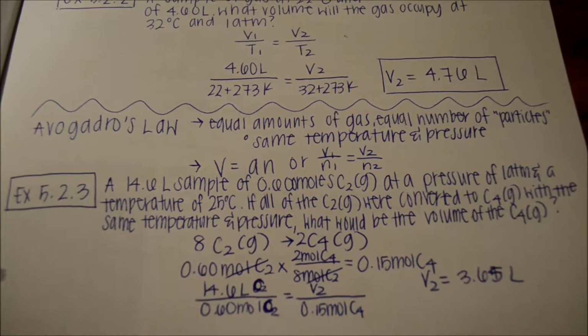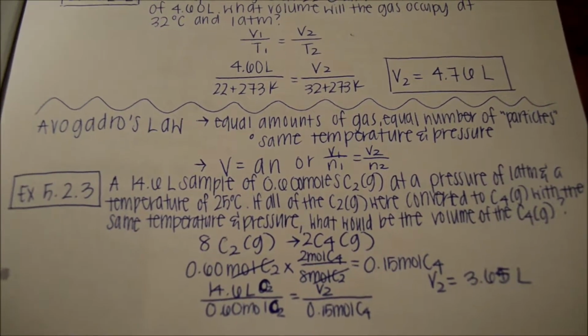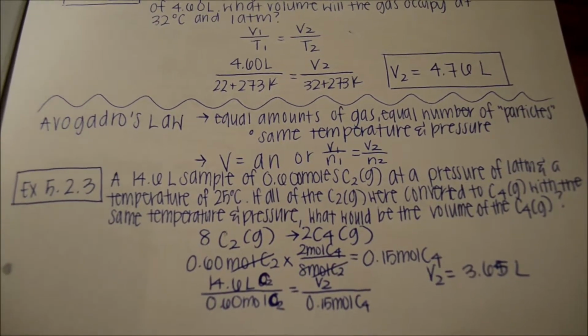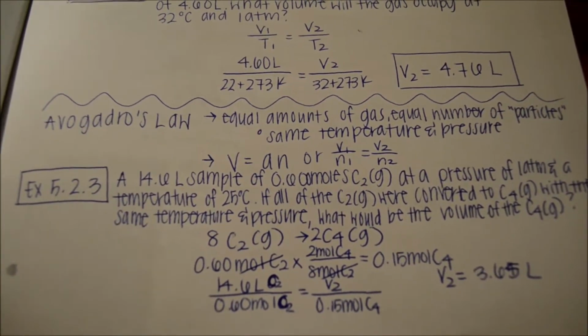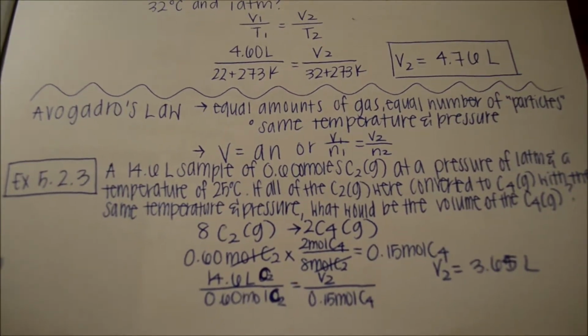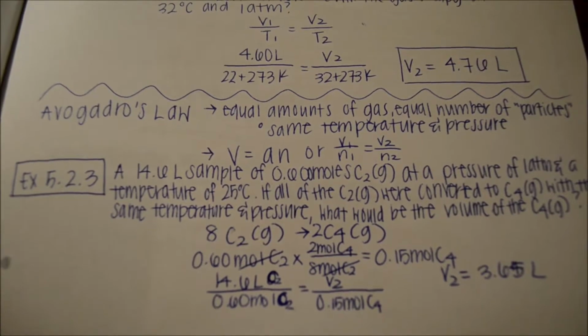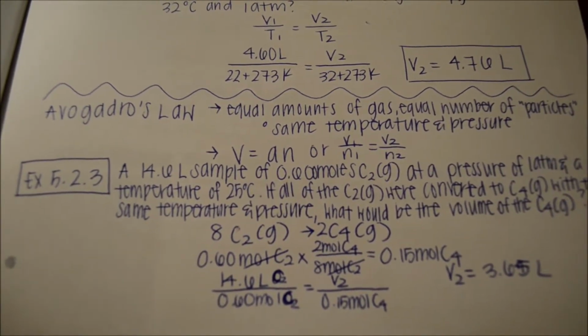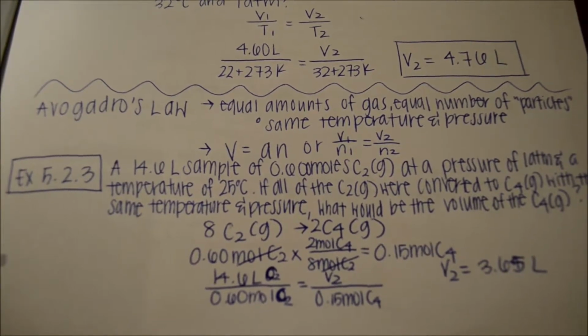So first you want to balance the equation. So you'll get 4 C2 gas to 2 C4 gas. And then you'll find the moles of C4 gas in the end, which you'll do 0.60 moles of C2 times the unit conversion of 2 moles of C4 over 8 moles of C2, which gets you 0.15 moles of C4.